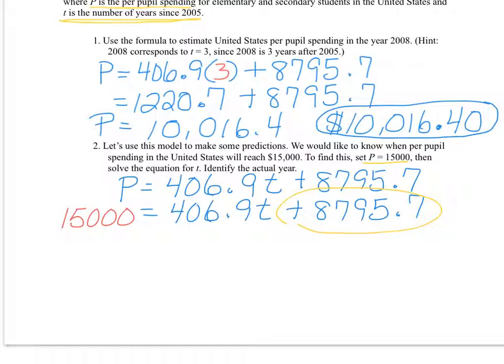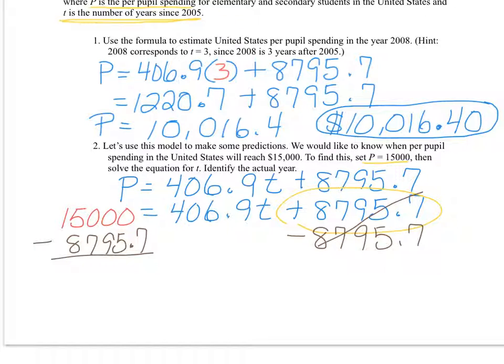So we're going to do minus 8,795.7 on this side, minus 8,795.7 on this side. All right, so when we do 15,000 minus 8,795.7, we get 6,204.3.